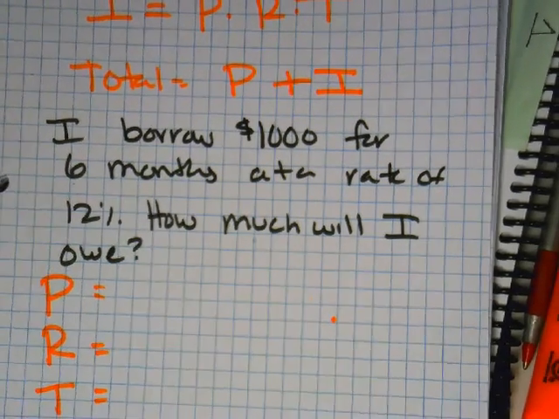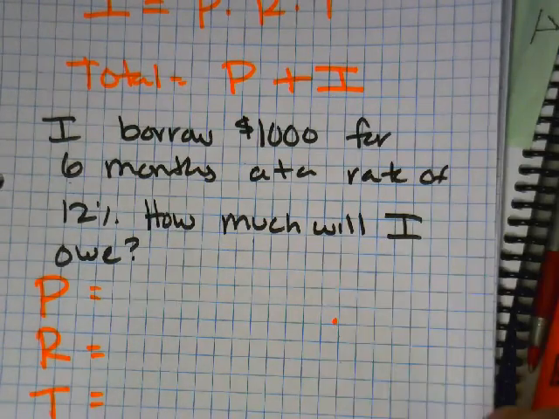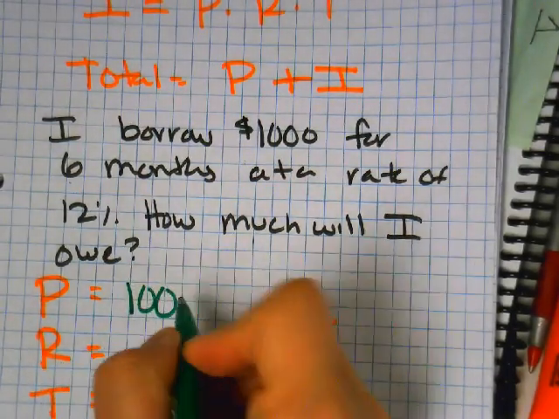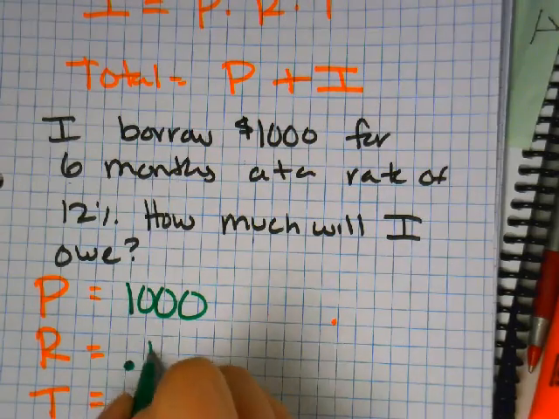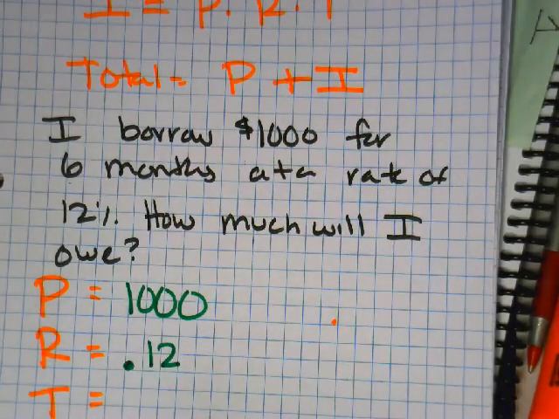What's the principal? 1,000. What's our rate? 12%. What's the time? 6 months. But wouldn't it be 0.5? Yep.